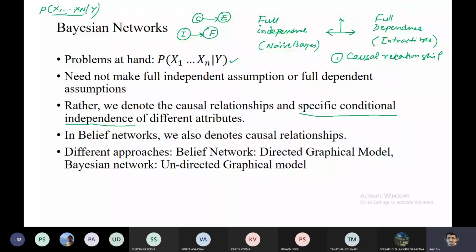So we are trying to find some relationship between these random variables in the form of this causal relationship, that is, cause-effect relationship.